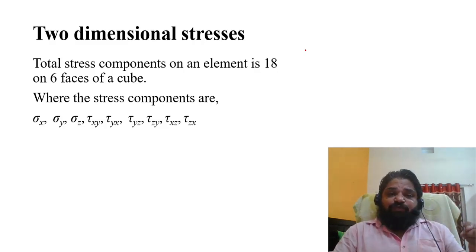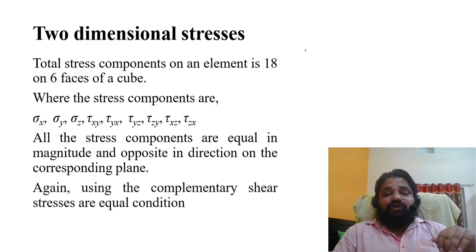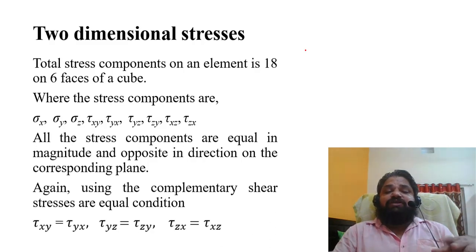It will have 3 components and 3 corresponding pairs, so we will take 3 normal and 6 shear, so we get 9 instead of 18. All the stress components are equal in magnitude and opposite in direction on the corresponding plane. Again, using complementary shear stress, we know tau xy is equal to tau yx.